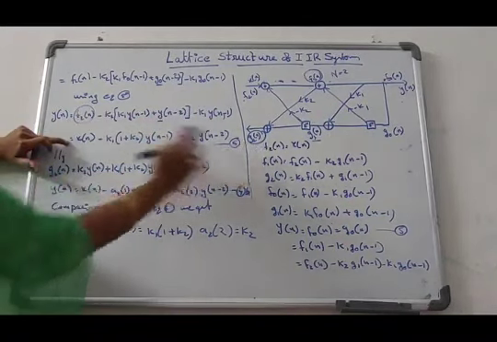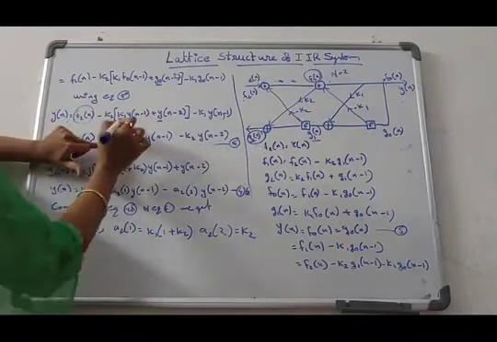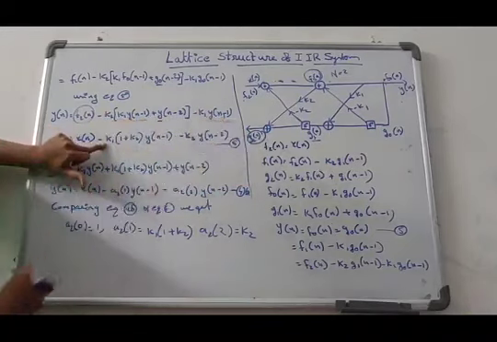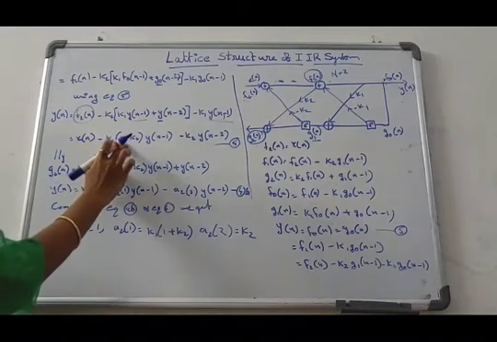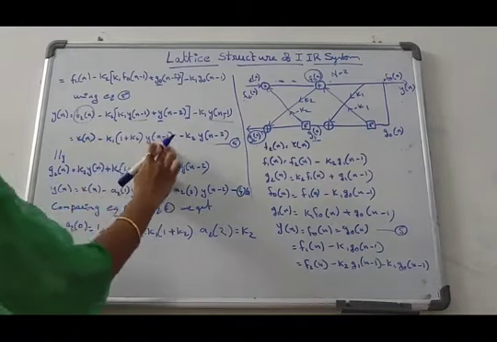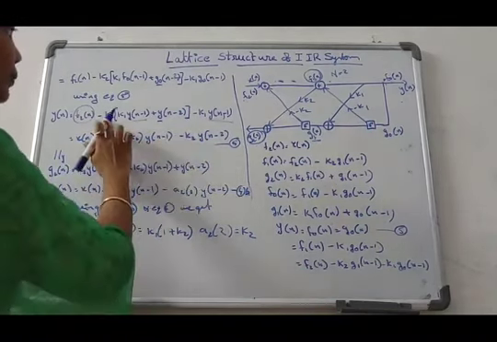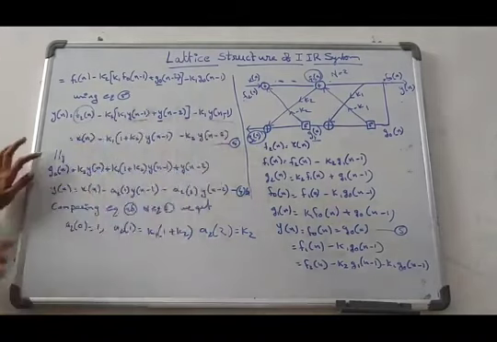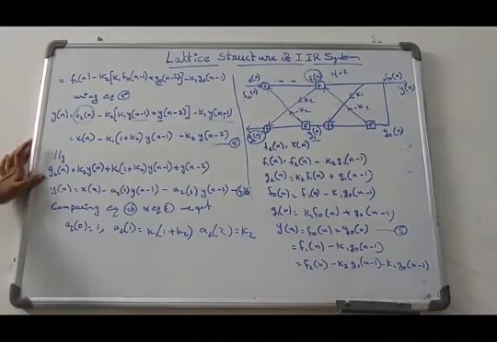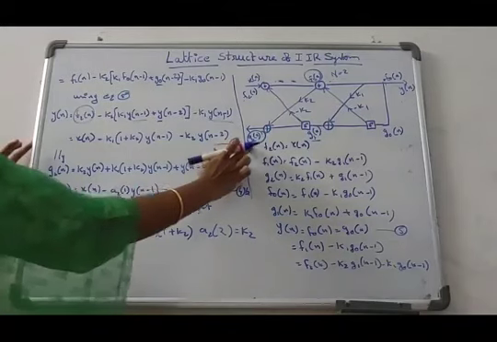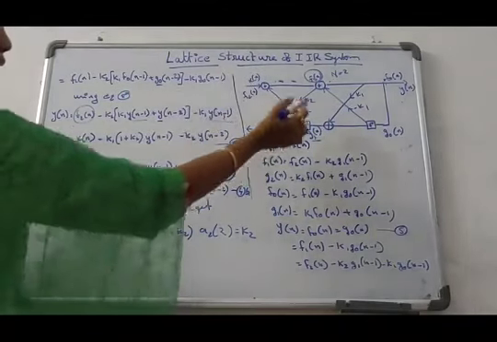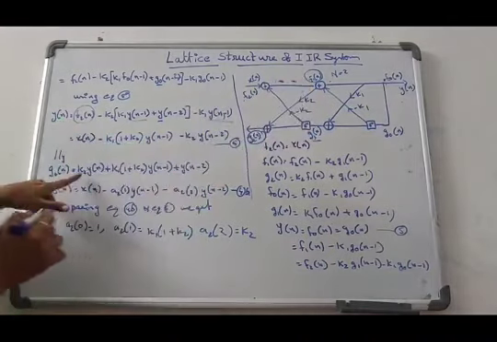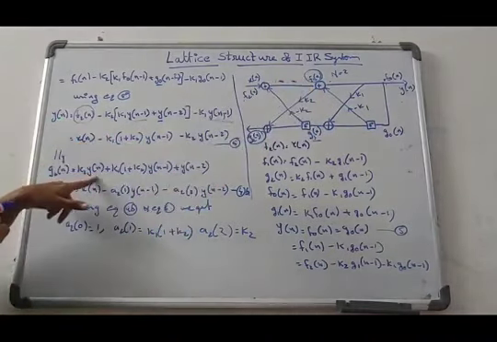After that, what is F2 of n? F2 of n is equal to x of n minus, here y of n and y of n common. Then you can get K1 into y of n plus K2 into y of n minus 2 minus K2 into y of n minus 2. Similarly for G2. G2 means K2 into F1 of n.